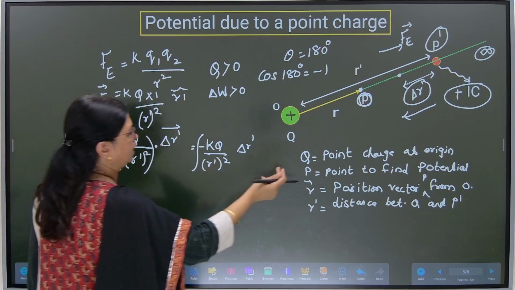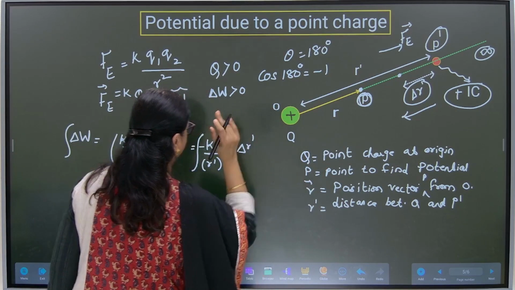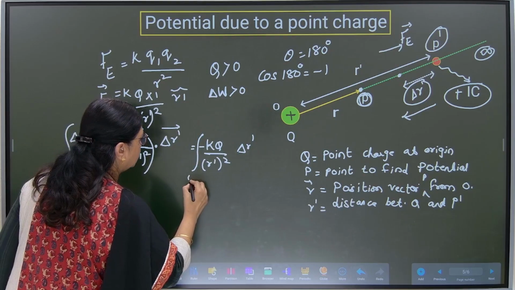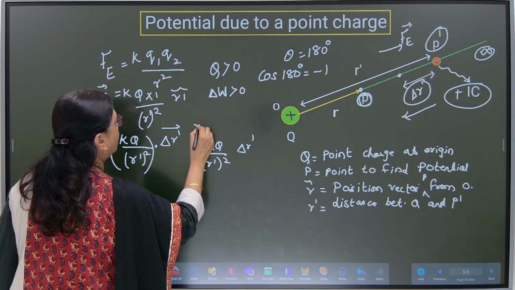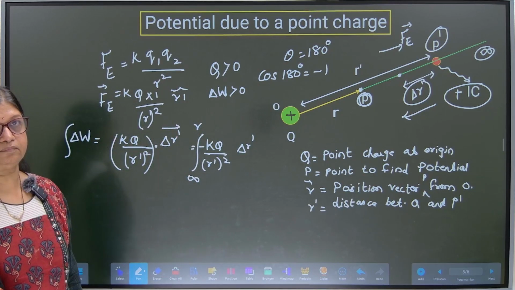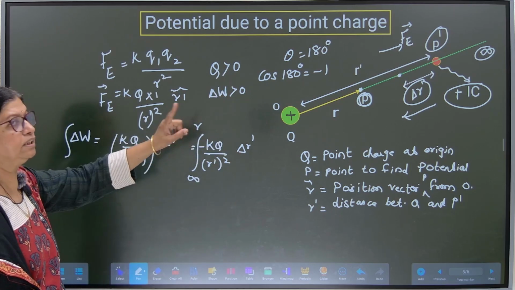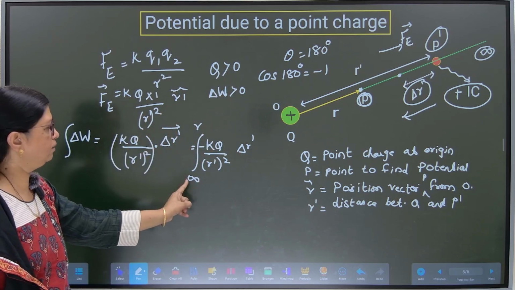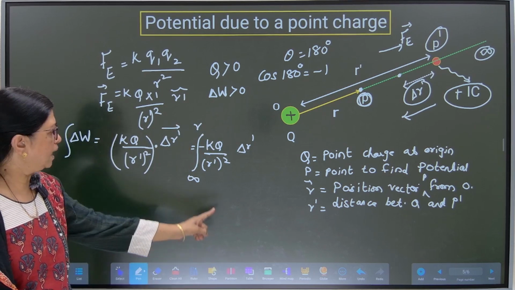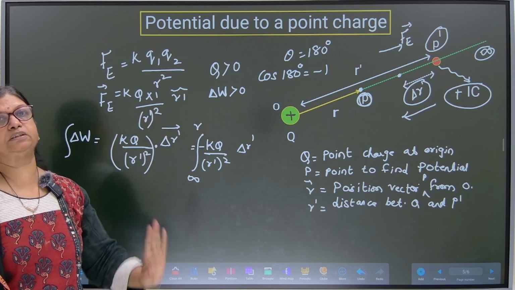And where is the point P? At the position vector R. So what is my limit here? Infinity to R. Just now I told you about upper limit and lower limit. Starting point is lower limit, ending point is upper limit.